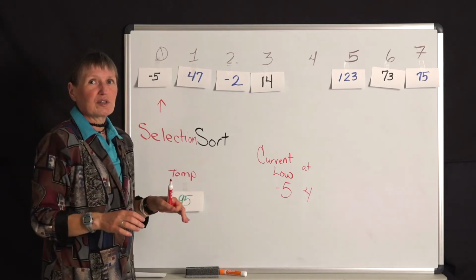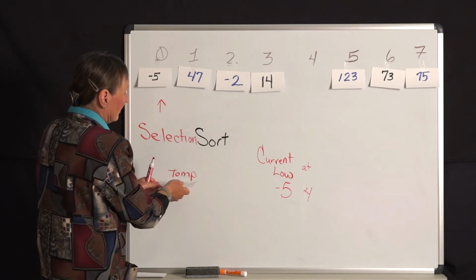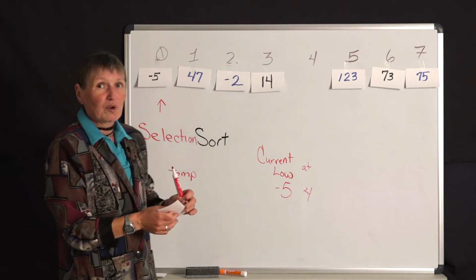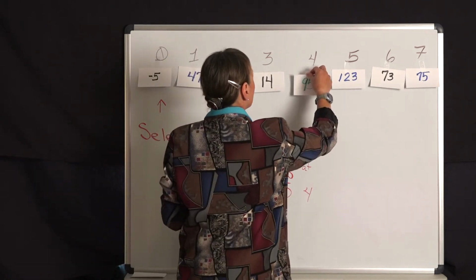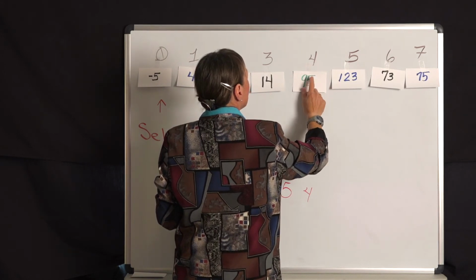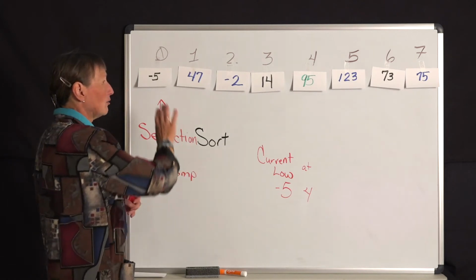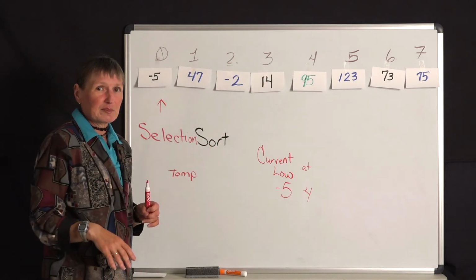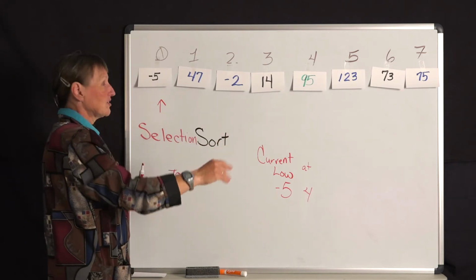And now we're going to move the value 95 to where that lowest value was, into that location. So 95 takes a quick move right up here. Now we've gone through all 8 elements. We've selected the lowest one.